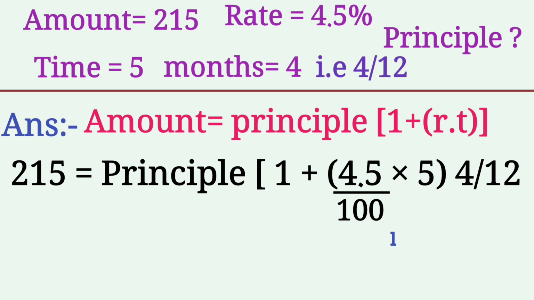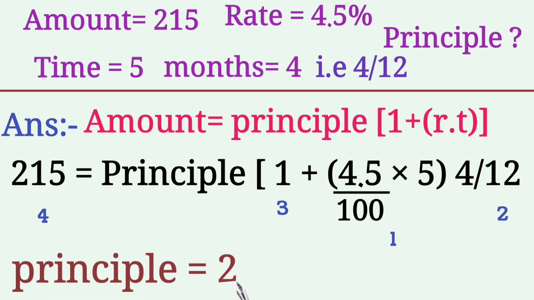Step 2 is into 4 divided by 12. Step 3, add 1 to it. And step 4, divide 215 by the result of steps 1, 2 and 3, and you get the principal as 200.